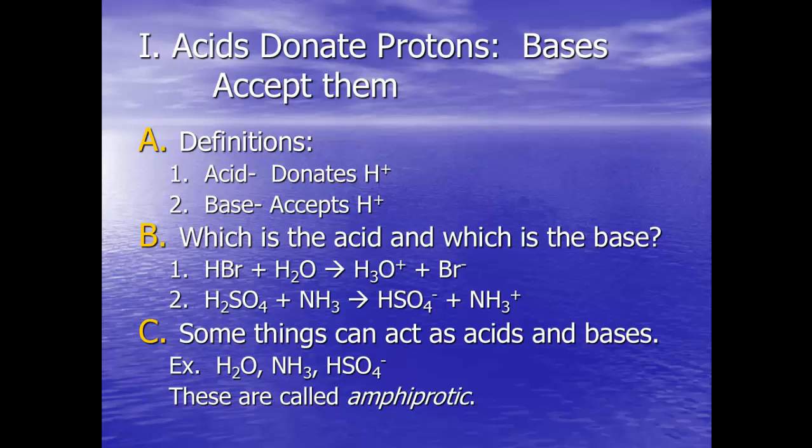In this case, it would be the HBr because it's gone on the product side. And which one accepted the hydrogen ion? Well, the H2O now has an extra hydrogen and a positive charge, so it accepted the H+. So your HBr is an acid. It's called hydrobromic acid. And the water, in this case, is acting as a base.